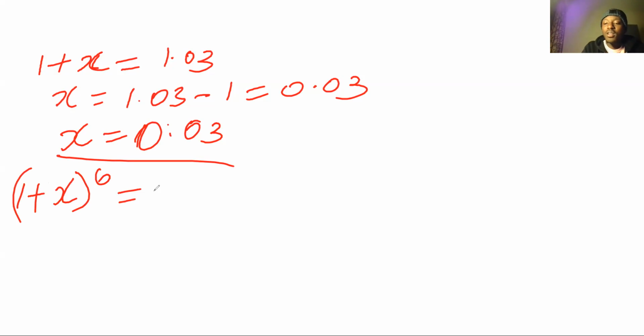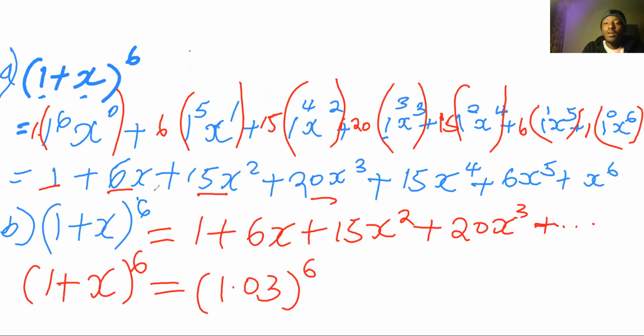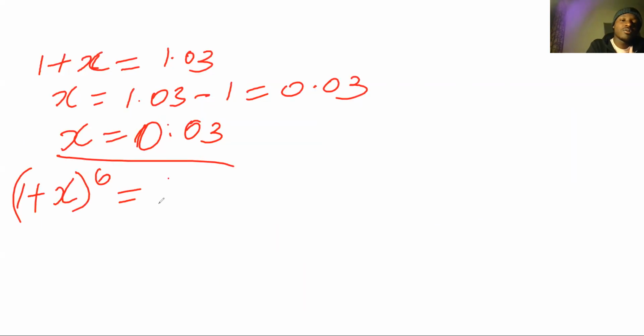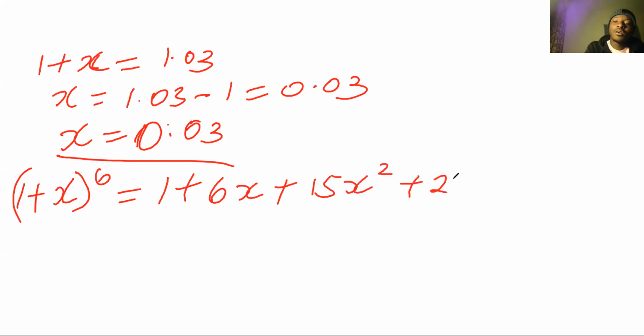I just want to rewrite it here to avoid going back and forth. So it's 1 plus 6x plus 15x squared plus 20x cubed. So those are the first 4 terms.